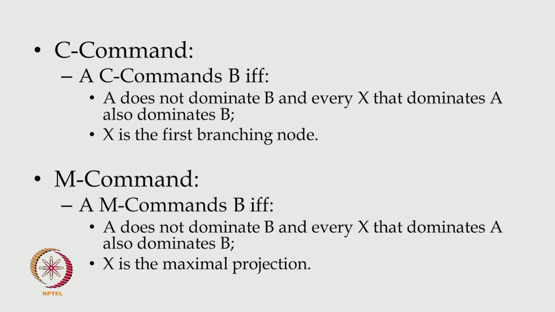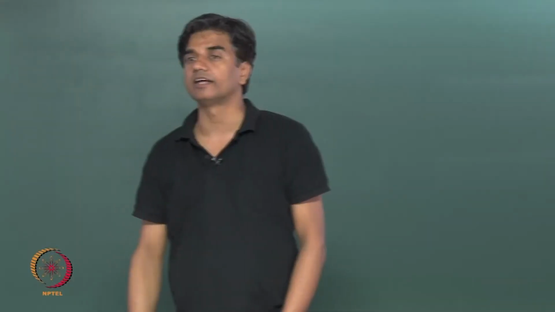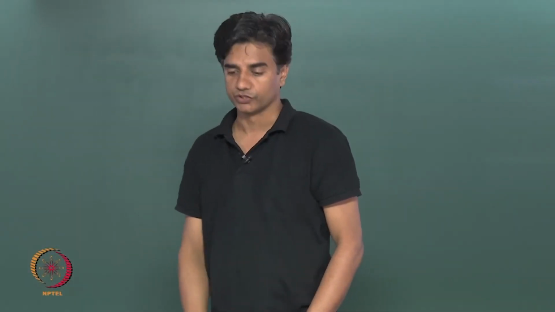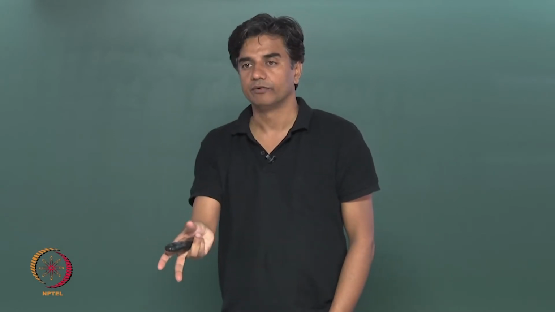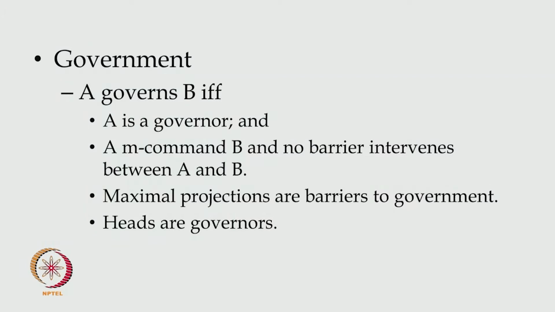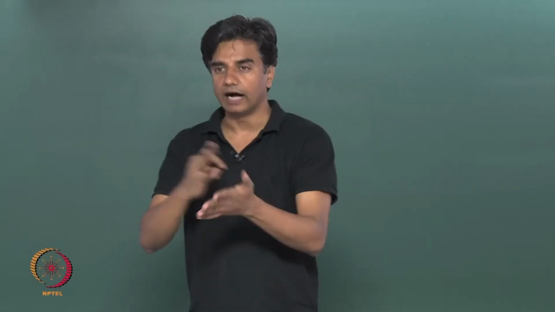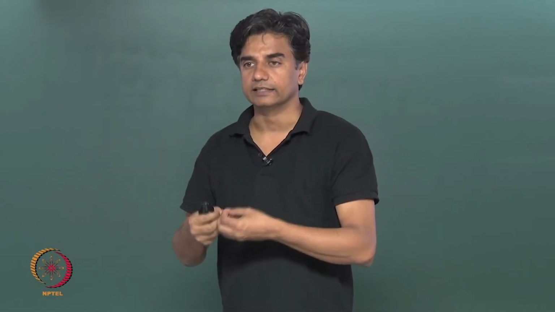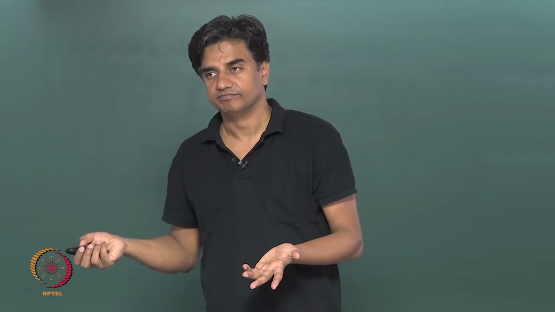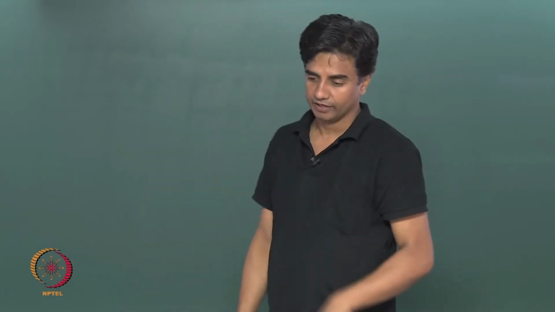Therefore, we talked about M command, and when we look at the difference between C command and M command afresh, we need to modify the notion of government, and this is how finally the notion of government looks. Under this notion of government, we can say both I and V govern the NPs to which they assign case. Okay? All right.